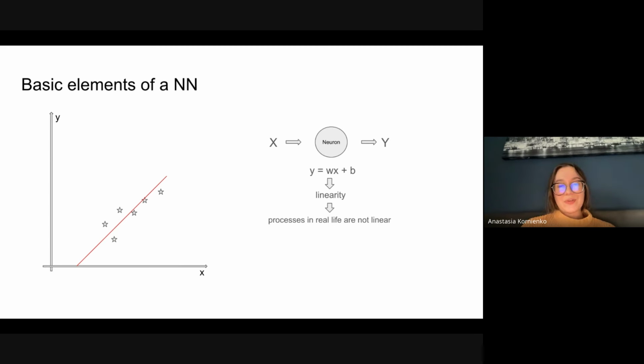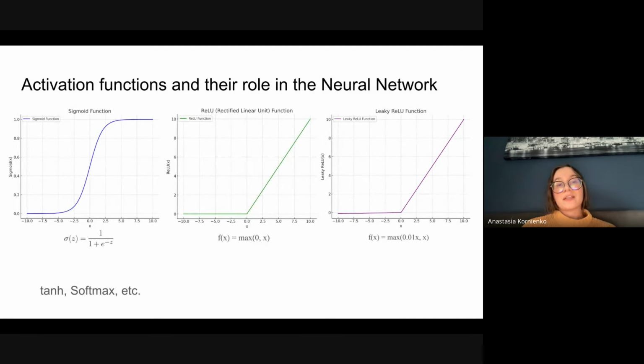We need to bring some non-linearity, and here we come to activation functions. These are non-linear activation functions. An activation function basically represents the neuron in the neural network.